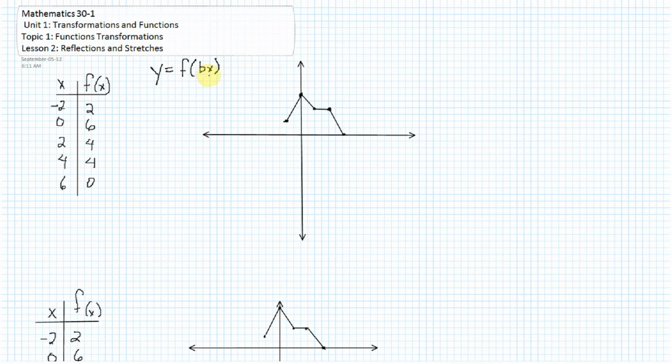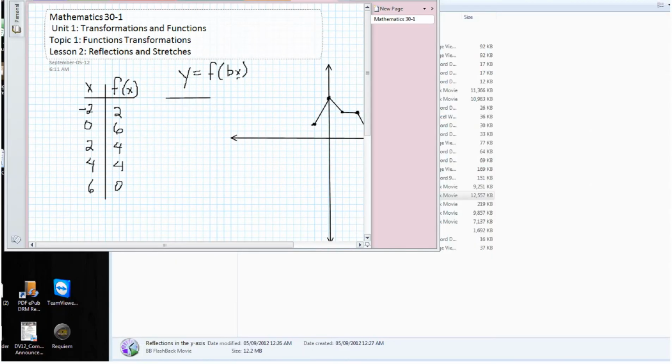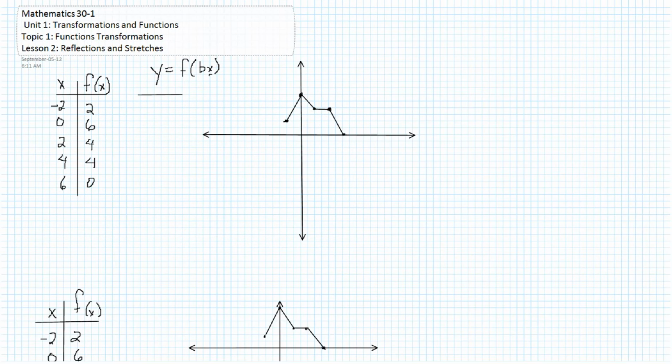So what's changing here is x. So let's look at creating a second table of values and build that second table of values.